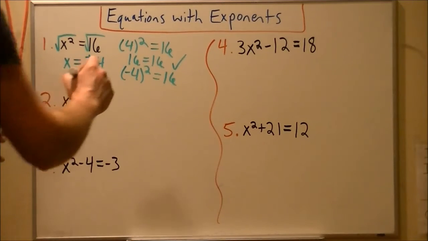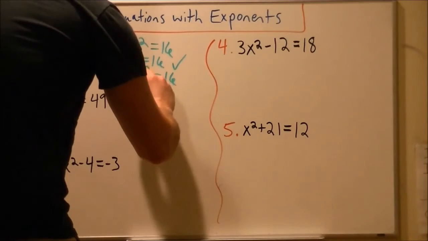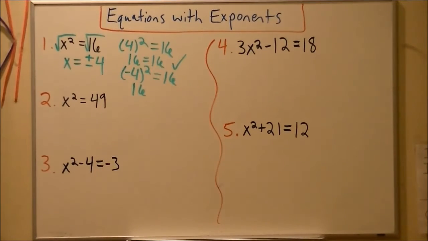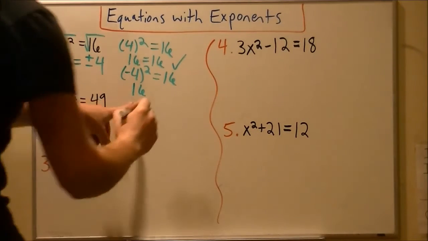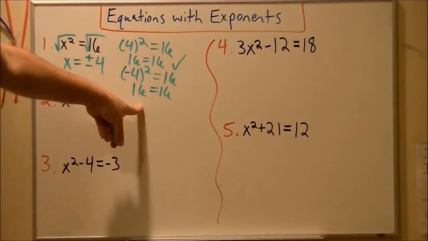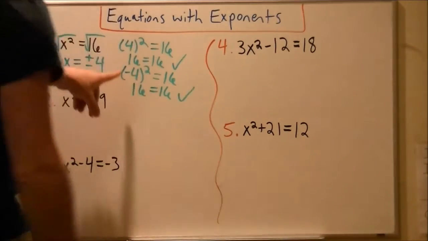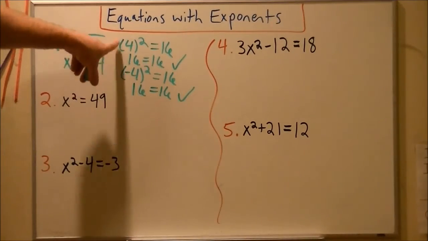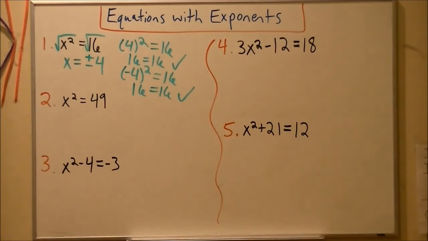Well, 4 times 4 is 16, and if you have a negative multiplied by a negative, that makes what kind of number? A positive number, and so it's a positive 16. Does positive 16 equal positive 16? So you see both of these answers, a positive 4 and a negative 4, check out as potentially correct answers.